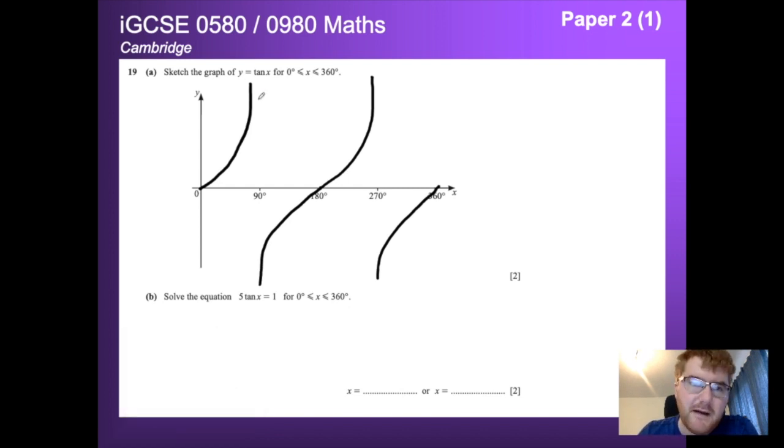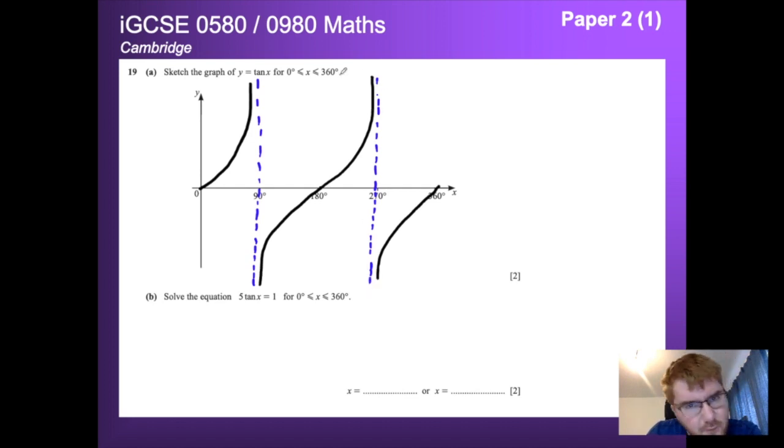What I mean by asymptote is the line that it doesn't quite touch, but gets very, very close to. So I'm going to mark those in as well to show the examiner those lines get closer and closer, but don't actually touch. Try and make sure it doesn't curve away. That's really important. I think that does slightly, but just do your best.